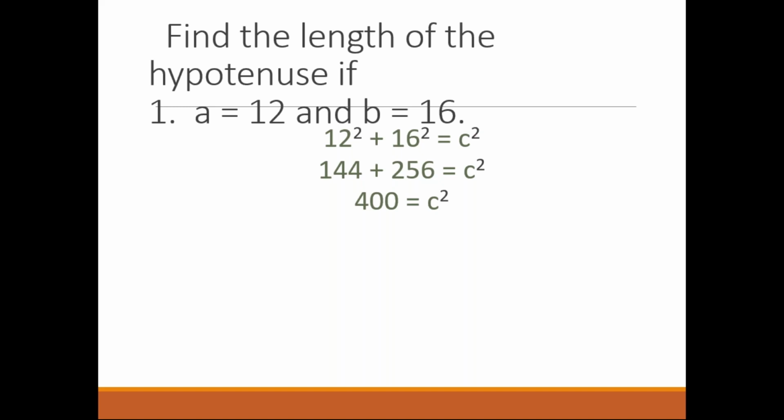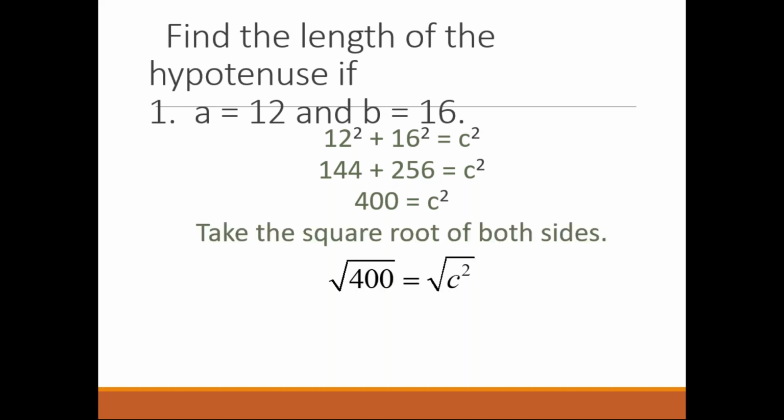Of course, this is the square of C. So in order to find the exact value of the side, we have to take the square root of 400, which gives us 20. So C will be 20. Our hypotenuse is 20. As we can see, we get a triangle which has two legs, 12 and 16, and one hypotenuse which is 20. We see that the hypotenuse is the longest side, as I mentioned.